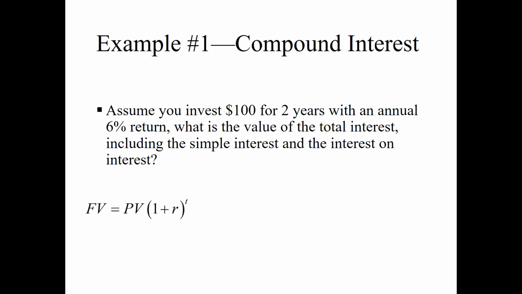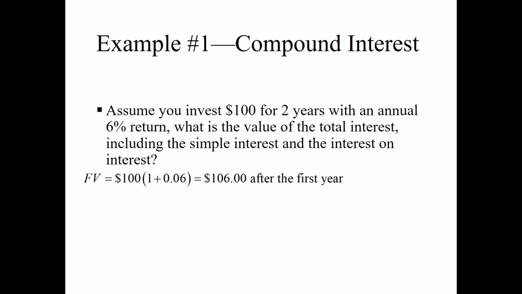For this, we're going to use our future value calculation, where our future value is equal to the present value times (1 plus r) raised to the power of t, and in this case, t is equal to 1. That means we have $100 times the quantity of 1 plus 0.06, which means we have $106 after the first year. So if we leave it in the bank, at the end of the first year, we have $106.